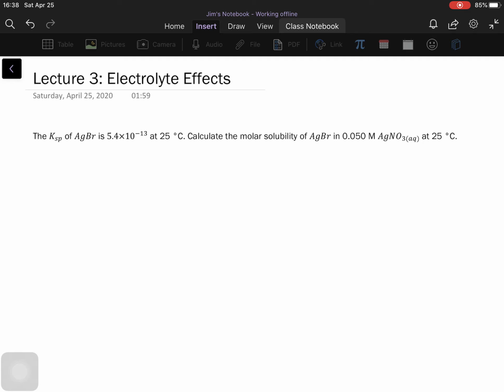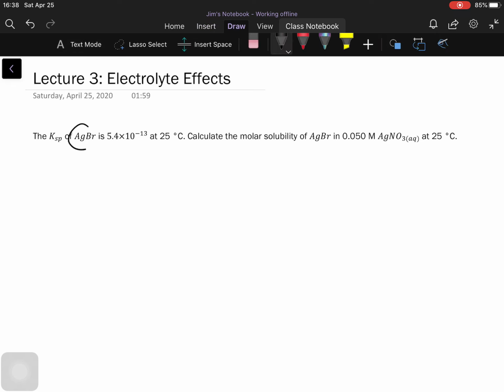As you can see, this salt, this silver bromide, is a precipitate. However, this will dissociate a little bit to produce silver ions and bromide ions.